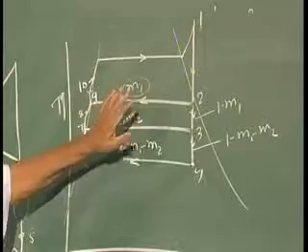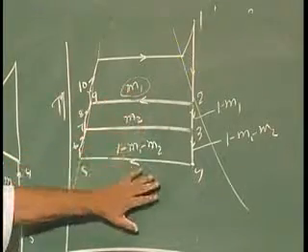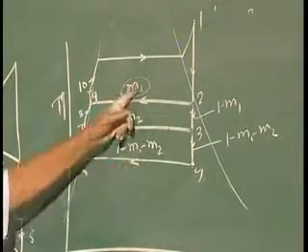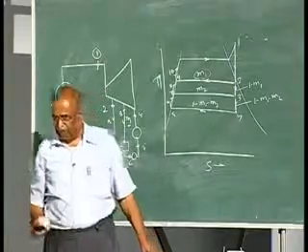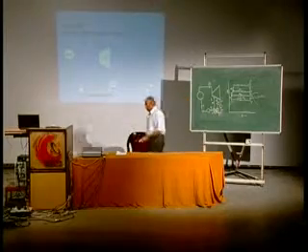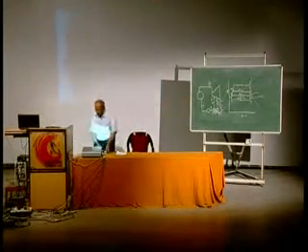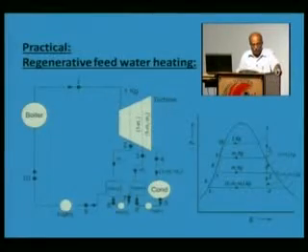That is how by saving the loss here at this point, we can improve the efficiency of the turbine. Per kg of steam, the power generated may be slightly less in this case as compared to a normal Rankine cycle, but definitely the efficiency of the Rankine cycle would improve if we provide regenerative feed water heating using this particular cycle.